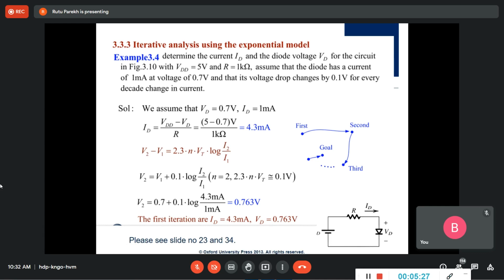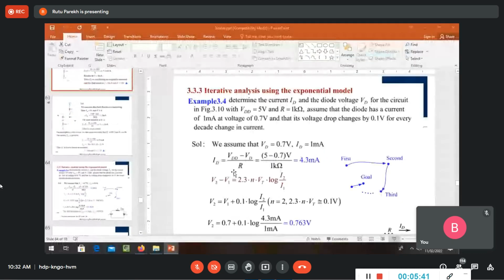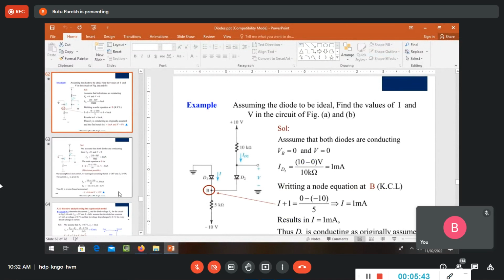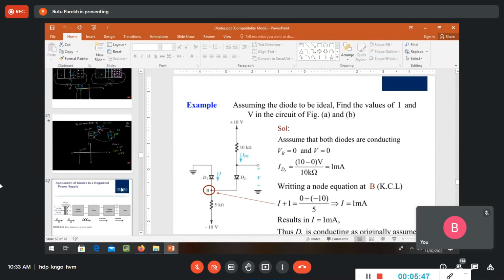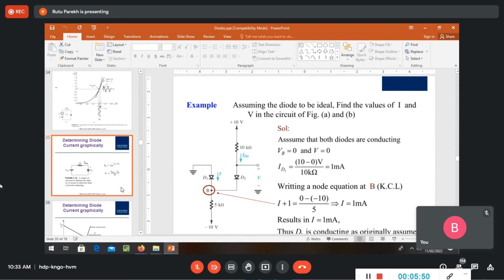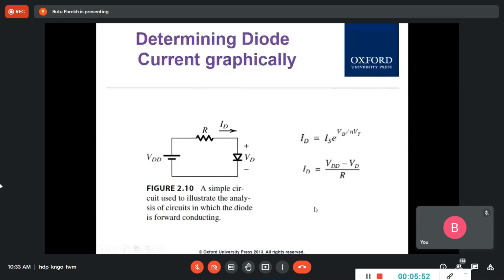Now you have two equations and two unknowns, because you have to find ID and VD. So we assume some initial condition, and what is that?